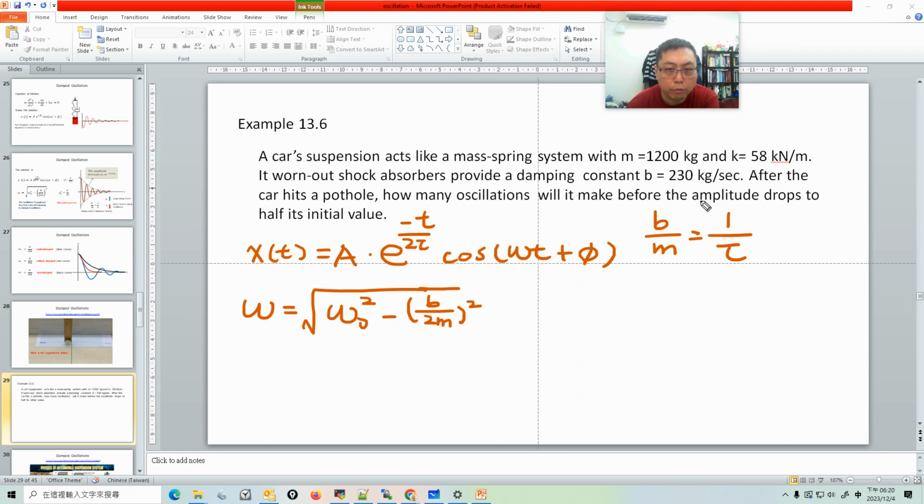For the amplitude drop problem, all we need to care about is the decay of the amplitude term.